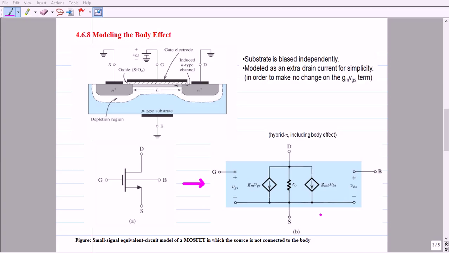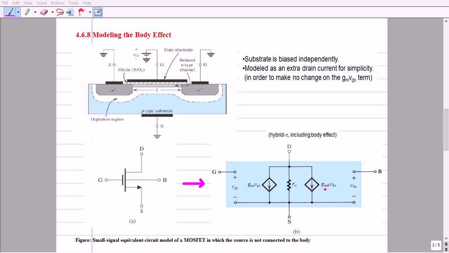This model is used for circuit analysis whenever the source is not connected to the substrate terminal. The substrate terminal acts as a second gate or back gate for the MOSFET device. Thus, the signal VBS connected between bulk and source gives rise to a drain current component GMB times VBS. If we observe this small signal equivalent circuit model with body effect, there are two current components flowing between the drain and source terminals.